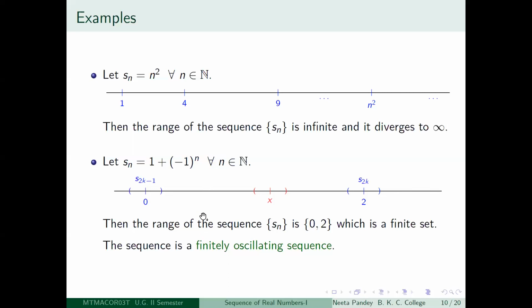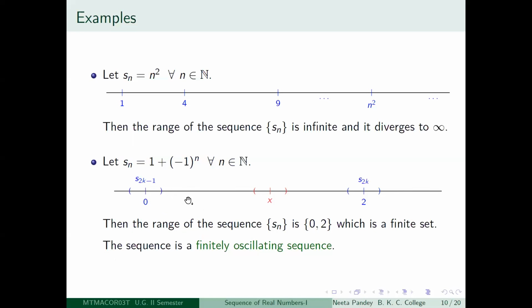So you will not be able to get a capital N positive integer, so that after the capital Nth term, every term of the sequence is in the neighborhood of 0. That is not possible. You are getting infinitely many terms of the sequence here, but that is not sufficient. That is what I am trying to stress.